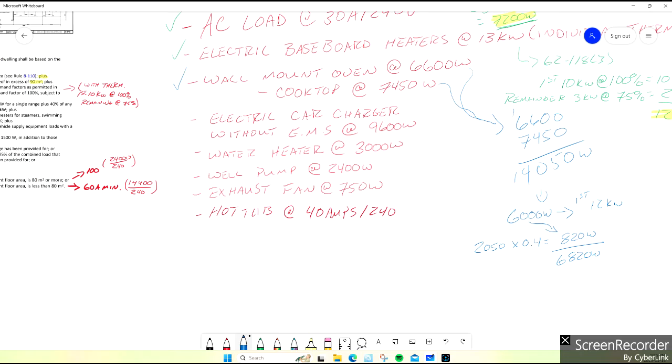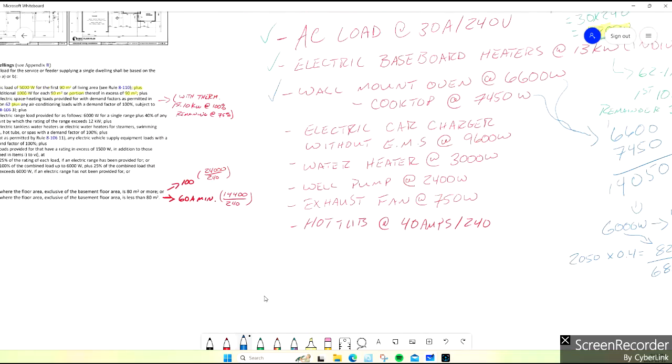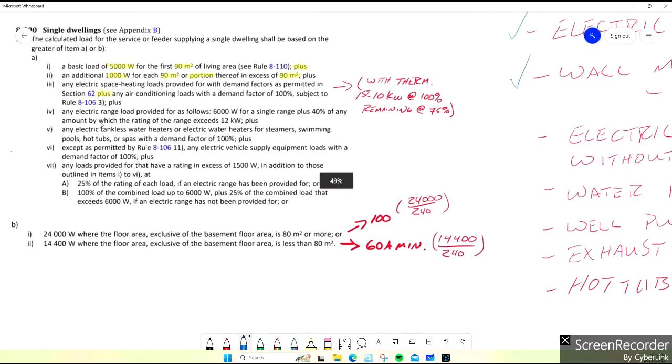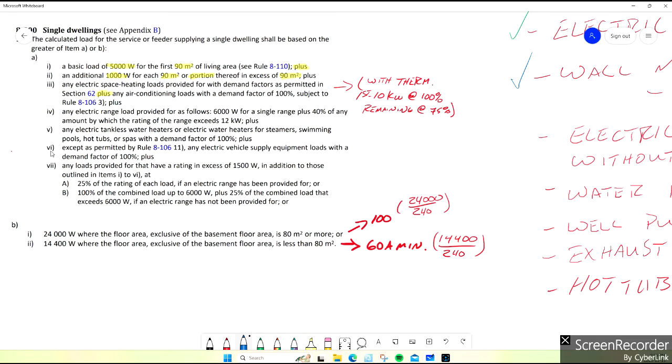Okay, now we've done this one. Let's move on to the electric car charger without energy management system. It's 9,600 watts. That's the demand on this one. Go over to the rules. Skip down to number 6. It says except as permitted by 106.11.